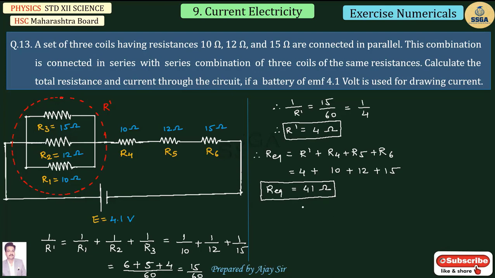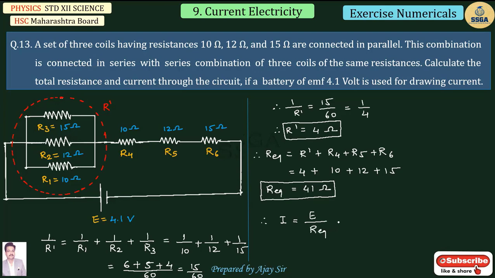Now the next part: we have to find the current flowing through the circuit with a battery of EMF 4.1 volt. Using Ohm's law, V is equal to IR, where V here means the EMF. So I is equal to V divided by R, that is current I equals EMF divided by R equivalent.